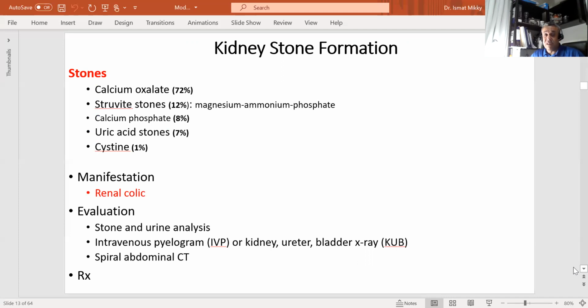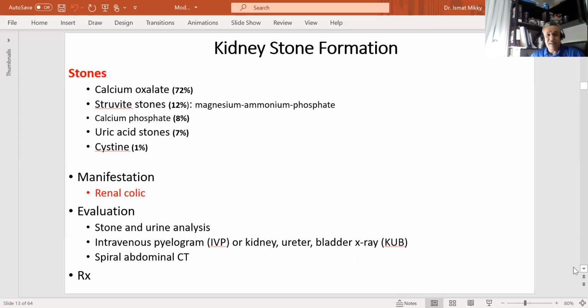So as nurses, we can educate them about the type of food that they should eliminate in their diet so that they can prevent the development of kidney stones. In adult health two, we will go over the nursing interventions, how to educate the patients in terms of what specific types of food are high in calcium oxalate, so that patients with this type of kidney stones can eliminate that food from their diet.